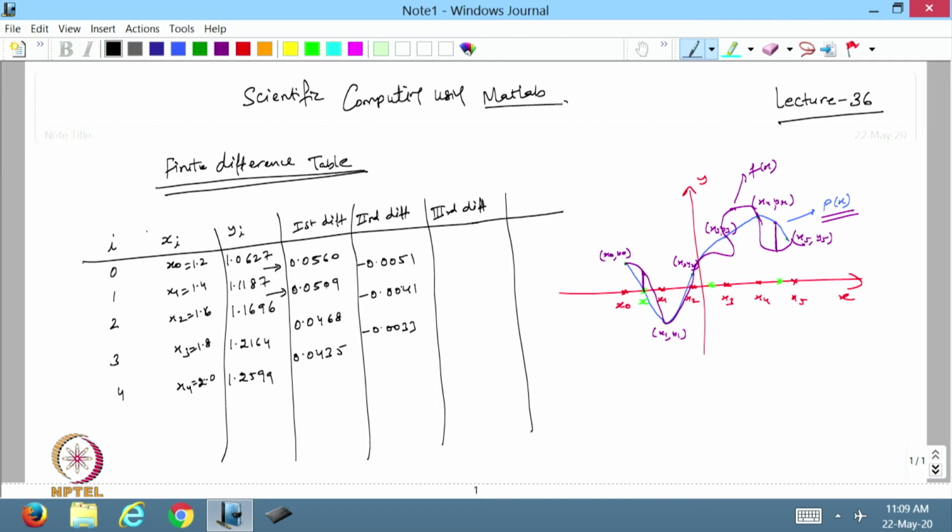Now, the third difference will be this minus this. If you take this one, it will be 0.0010, and this will be 0.0008, and the fourth difference I take, the difference of this, will be minus 0.0002.